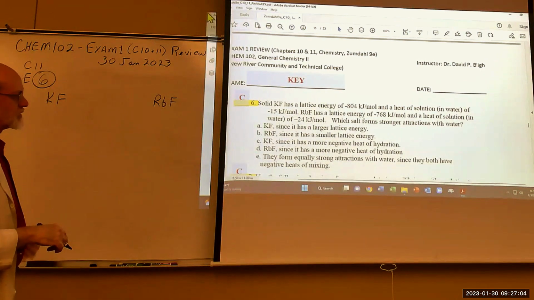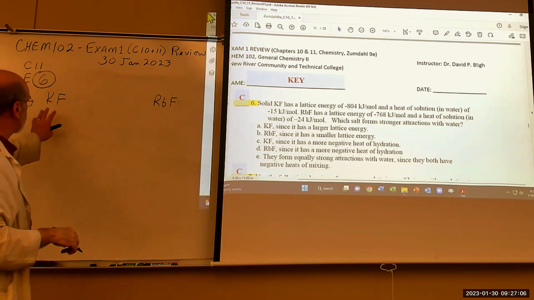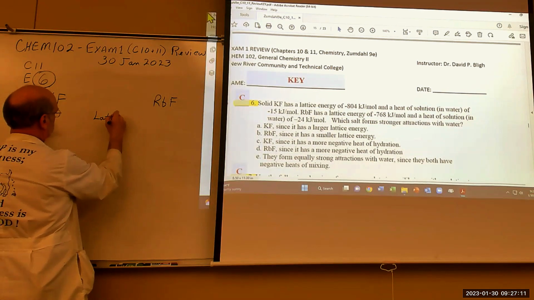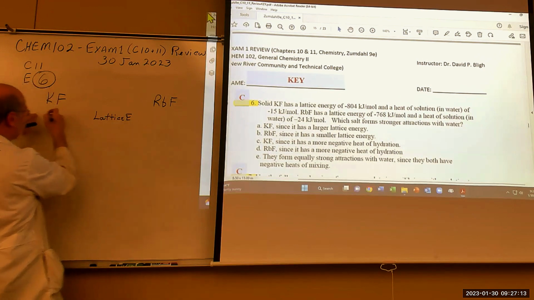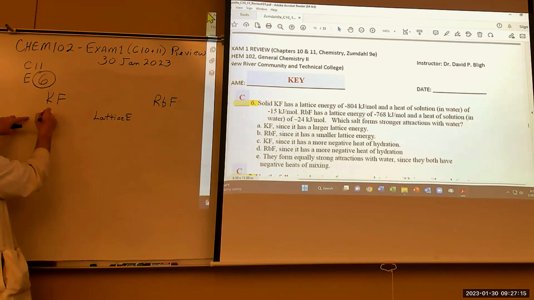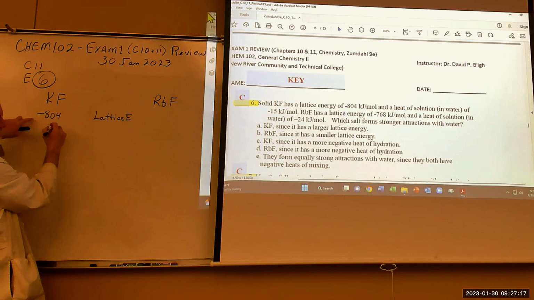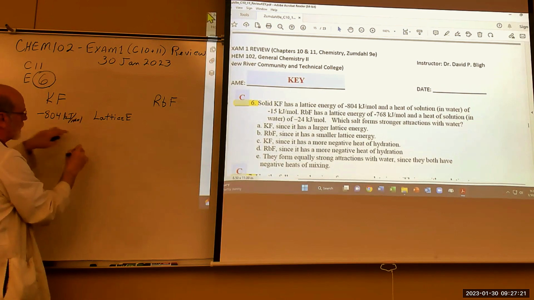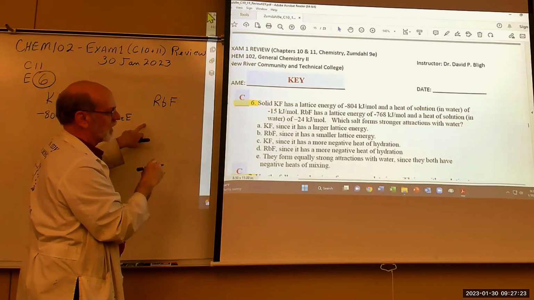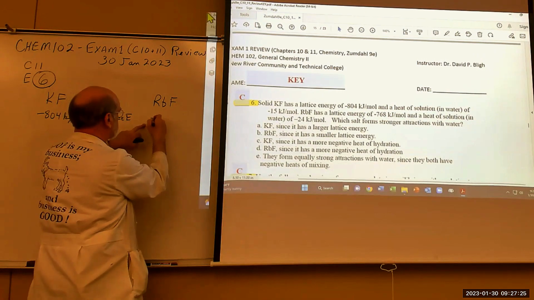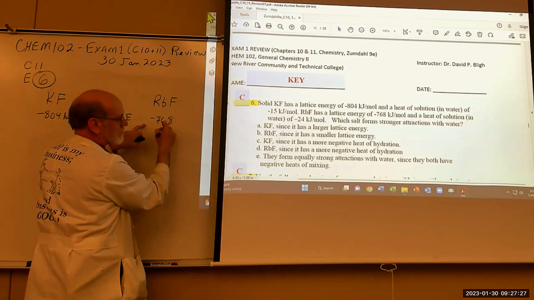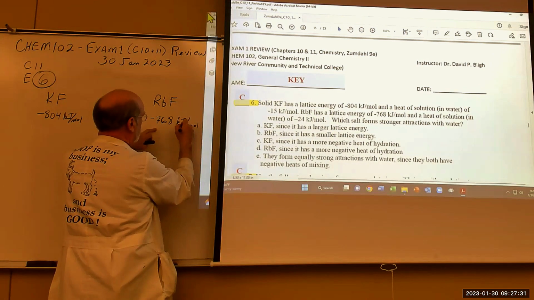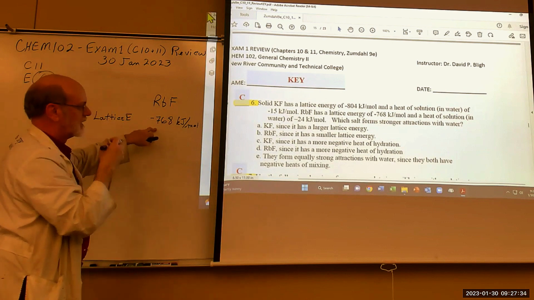So the lattice energy of KF over here is -804 kilojoules per mole, and the lattice energy for rubidium fluoride is -768 kilojoules per mole.